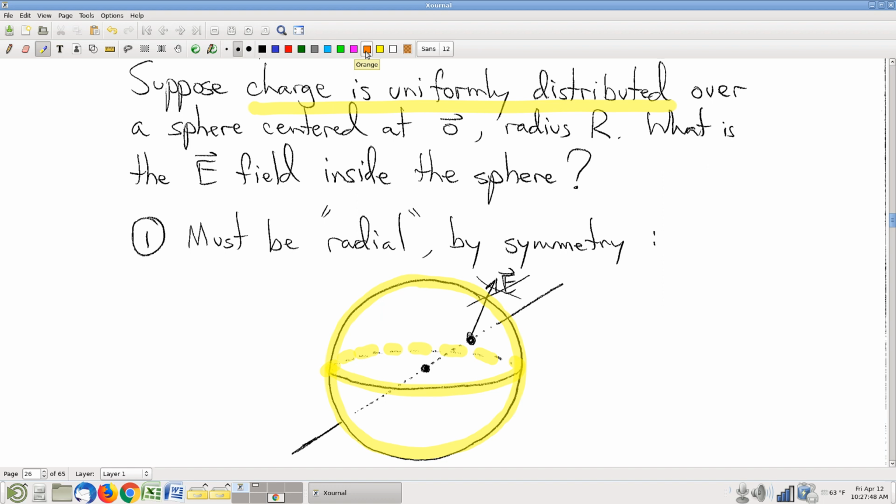We've already agreed that the little particle of charge right there creates its own little electric field. This little particle over here creates its little electric field. There are bazillions of little particles there, each one of which is creating its own different electric field, right?